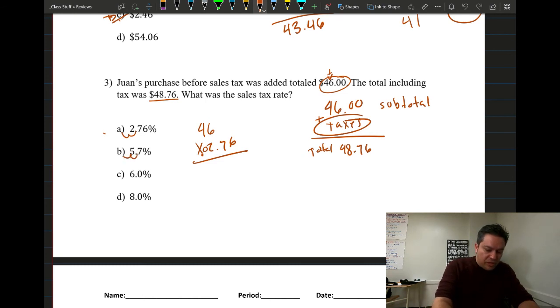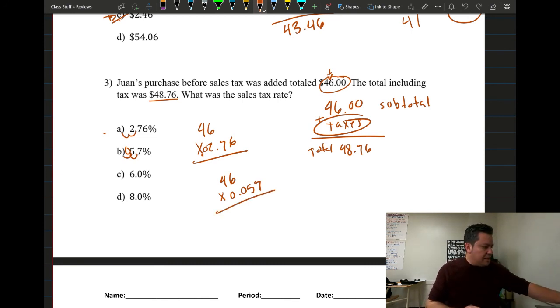So this one, convert to decimal. 46 times 0.057. When you multiply that, you get $2.63, which, when you add that back to 46, is not going to give you that.